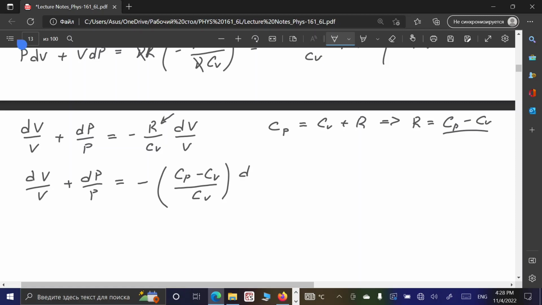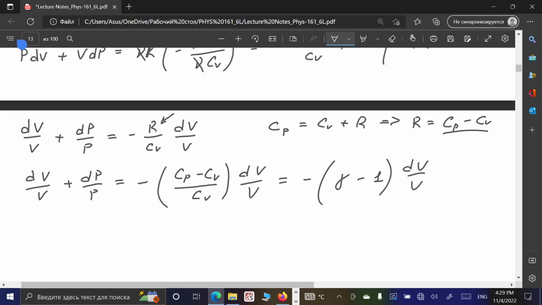And that is multiplied by dV over V. If we recall this gamma coefficient, that is ratio between Cp and Cv, so we can proceed here with minus. That will be gamma minus unity times dV over V.